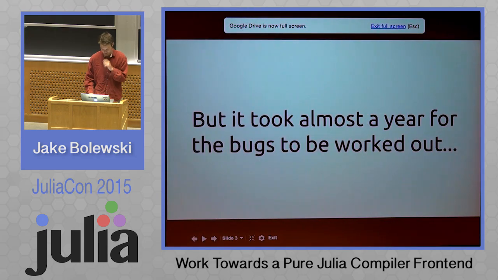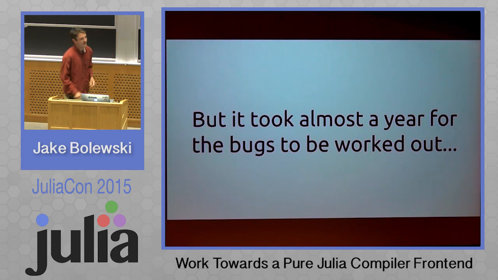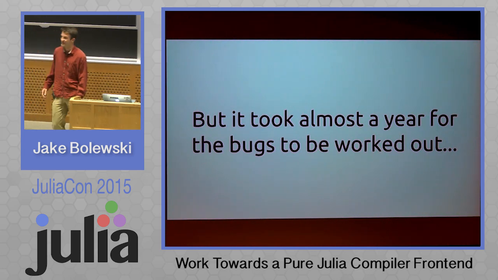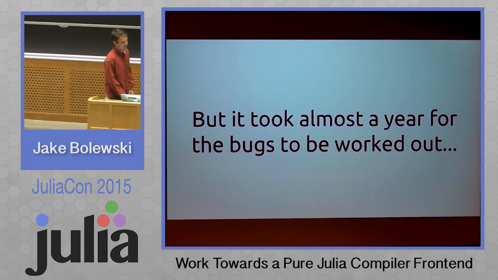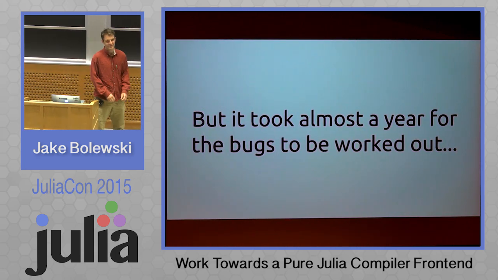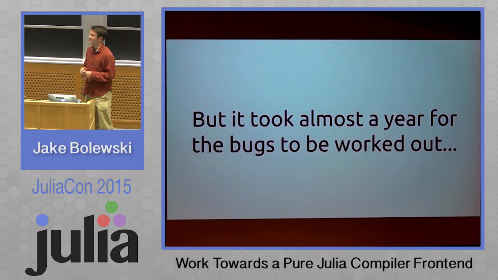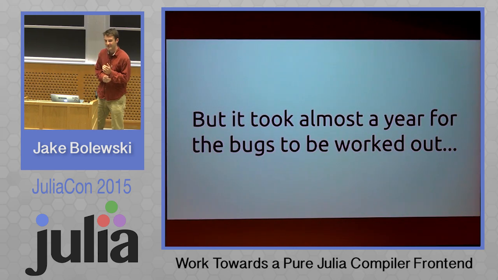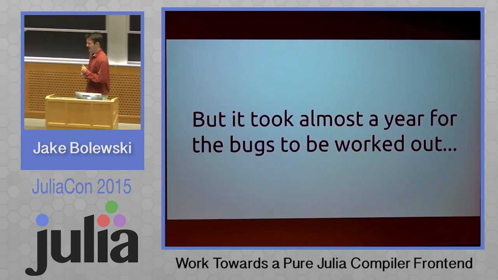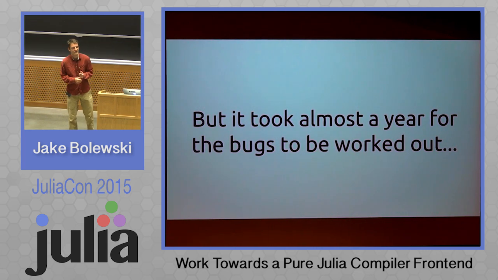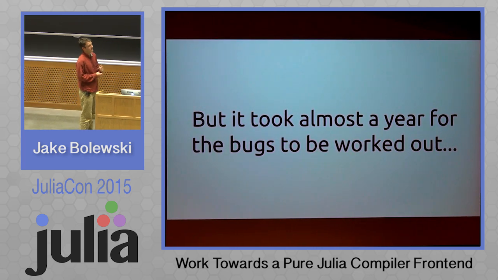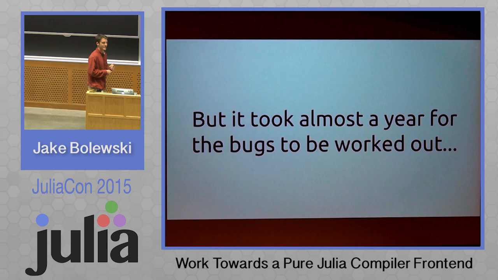I already talked about this: we implemented this in an afternoon, but it really took about a year for all the bugs to be worked out. It's actually not very much code, but it caused a lot of headaches in terms of what we were going to support and how it works in practice. It was very non-obvious what the bugs ended up being.